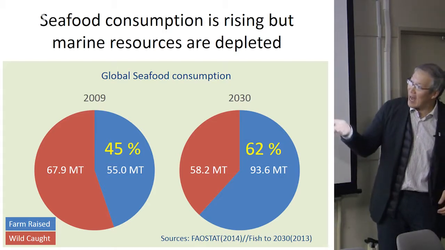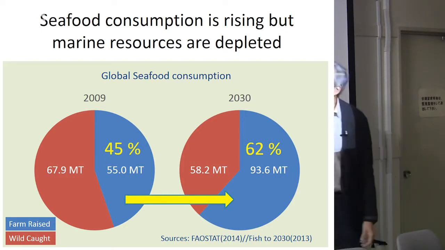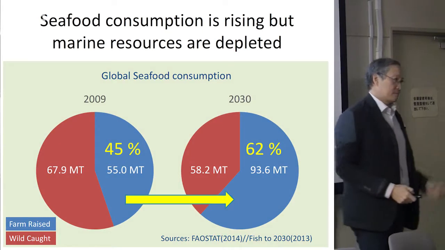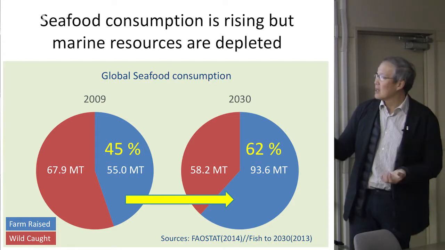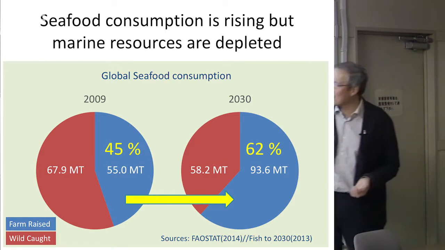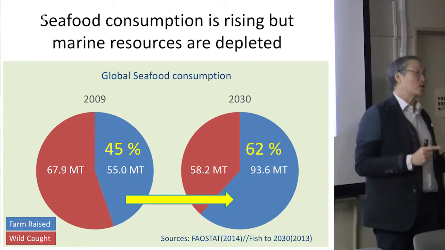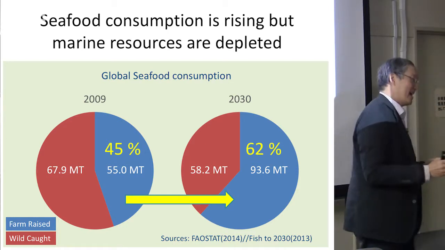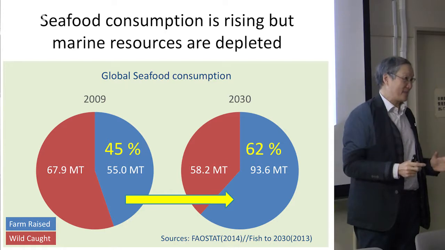So comparing now and the future, 45% of the world's population consume seafood. It will rise to about 62% when it reaches 2030. So you can already foresee that there will be growth and there will be demand.